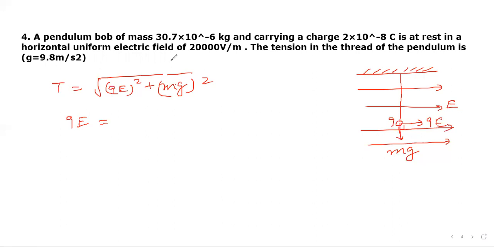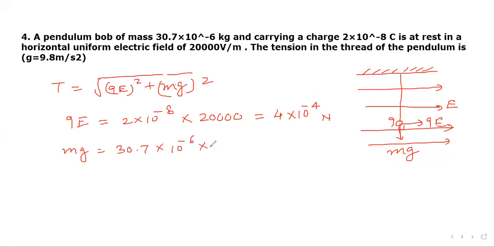So QE: the charge is 2 into 10 to the power minus 8 times the electric field 20,000. That will give 4 into 10 to the power minus 4 Newton. Similarly, mg will be equal to mass, here given as 30.7 into 10 to the power minus 6, into g, say 9.8.